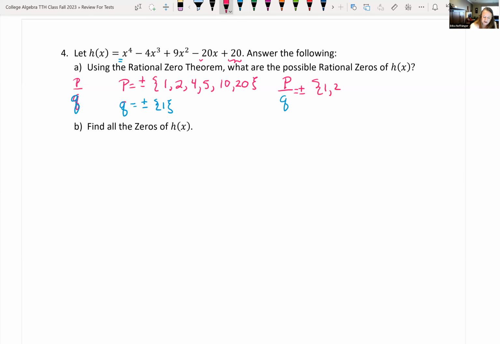So 1, 2, 4, 5, 10, and 20. If h of x had a rational zero, it would have to be one of these numbers. And so this narrows down our list.